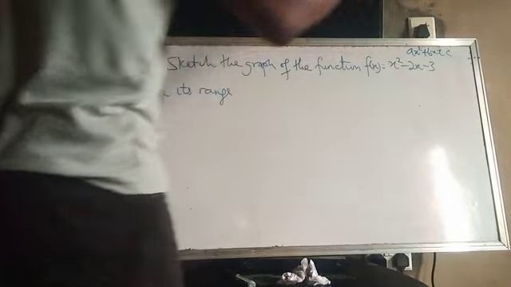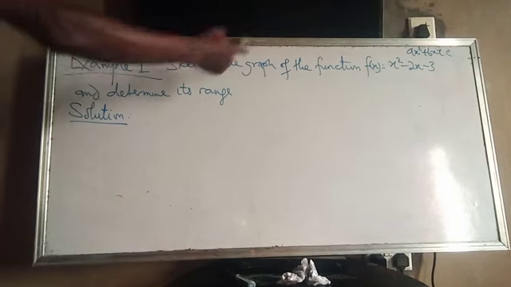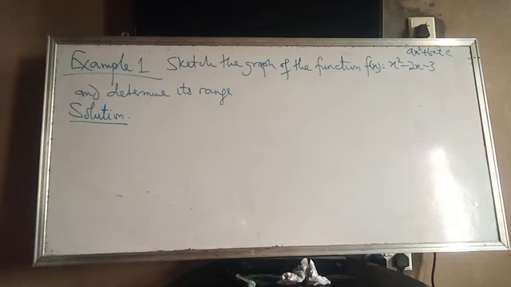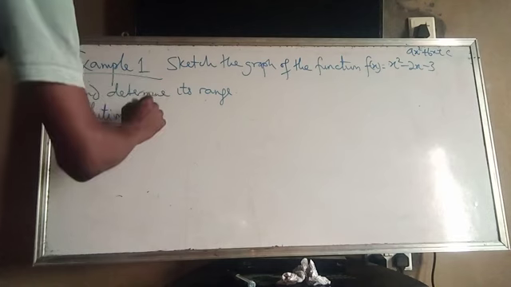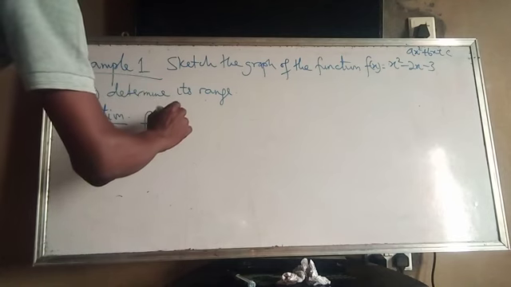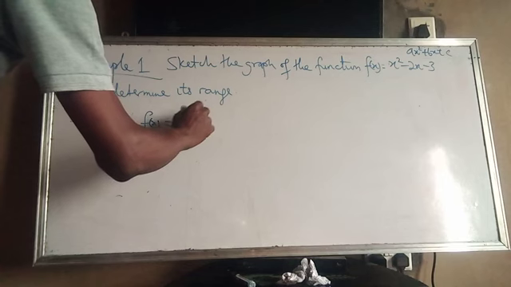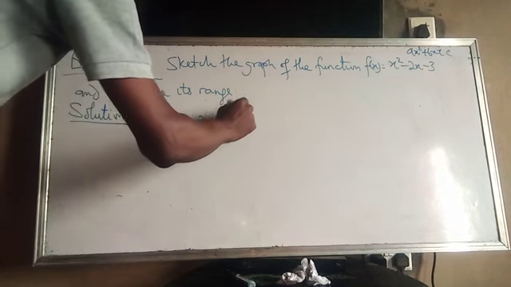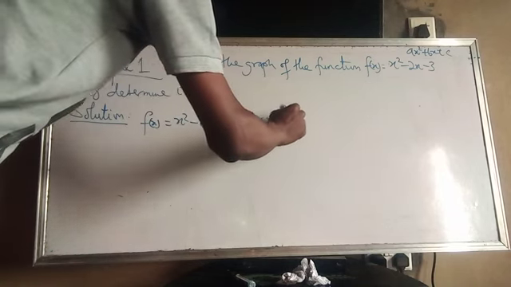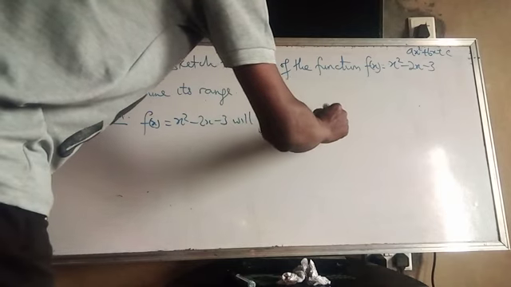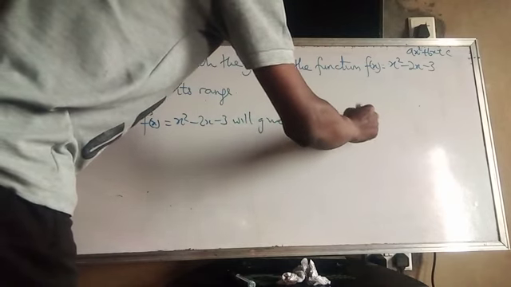Since a is positive, this function f of x equals x squared minus 2x minus 3 will give us a minimum point.